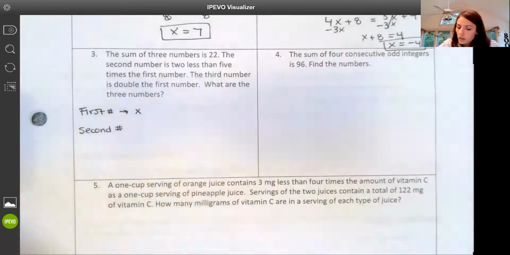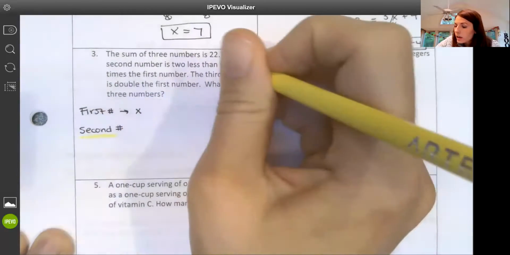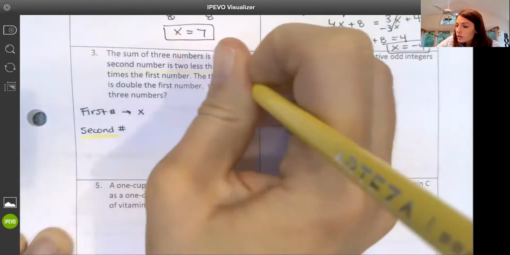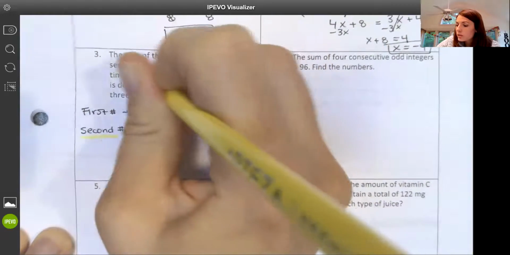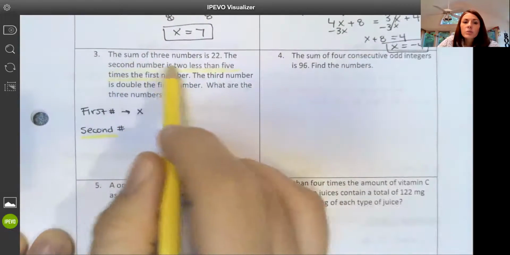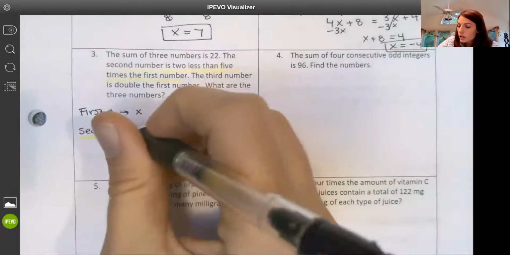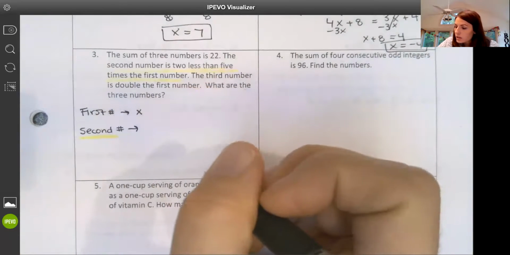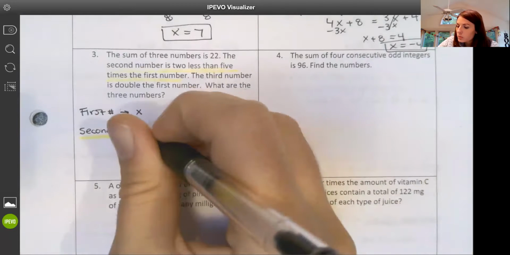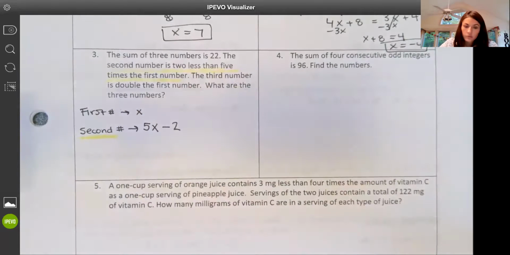Okay. So our second number, I'm just going to color code here. The second number is 2 less than 5 times the first number. There's my information for the second number. So I have 5 times the first number and 2 less.